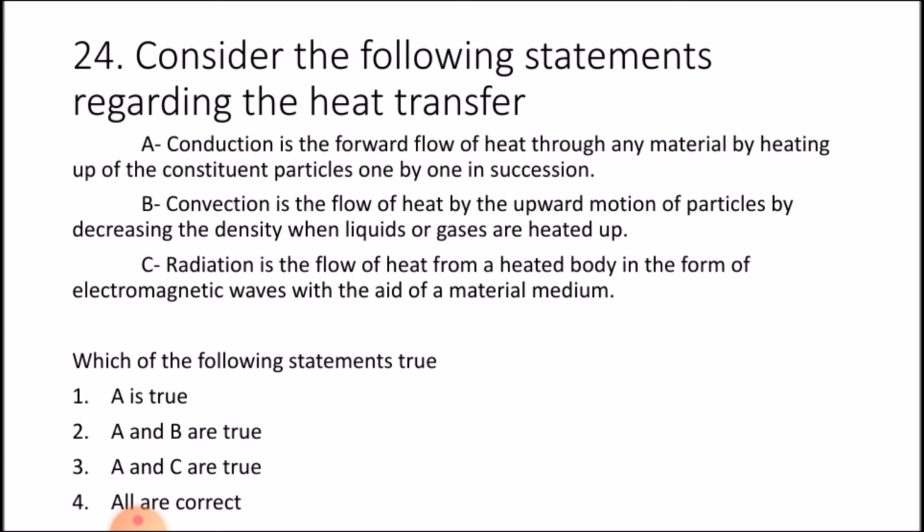Those are just like the definitions for these heat transfer methods. But actually, C is incorrect because radiation by electromagnetic waves does not require a medium. It can even transfer through a vacuum. Therefore, C is incorrect, and the answer is A and B are true.